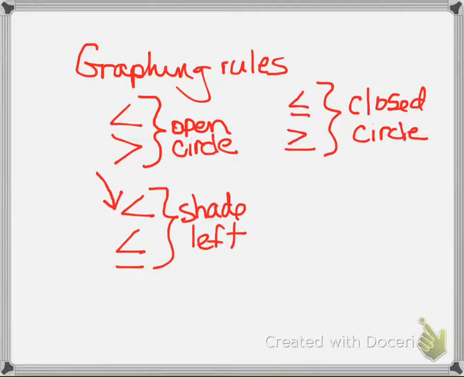The tip or the point is to the left, so that's the way that you shade it. It's less than, pointing to the left, so you shade left. If it tells you that it's greater than or equal to, which way are those pointing? Right. The right, so you would shade right.